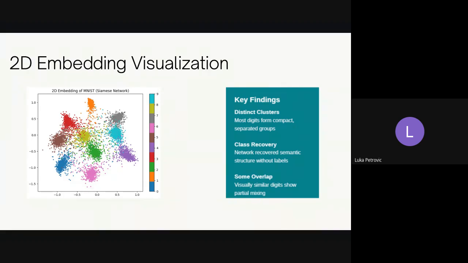We also notice that some points overlap, and this is not a failure of the algorithm or the network. It's more a realistic reflection of the problem. Like our teacher was saying, sometimes we write the 4 differently, or with handwriting we can be confused whether it's a 3 or an 8. So it is normal to have such overlapping. Okay, we can go to the next slide.